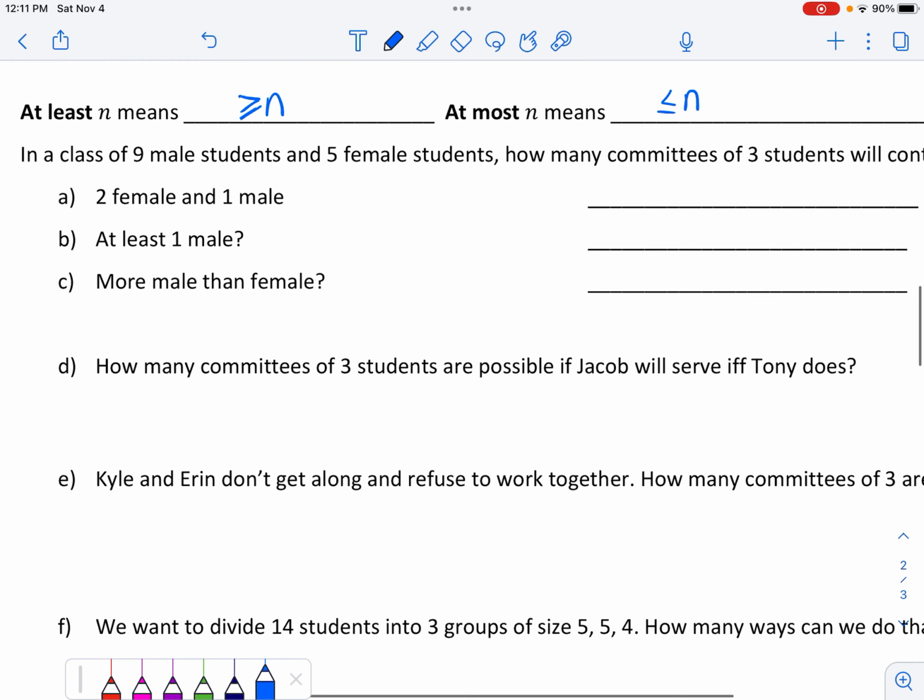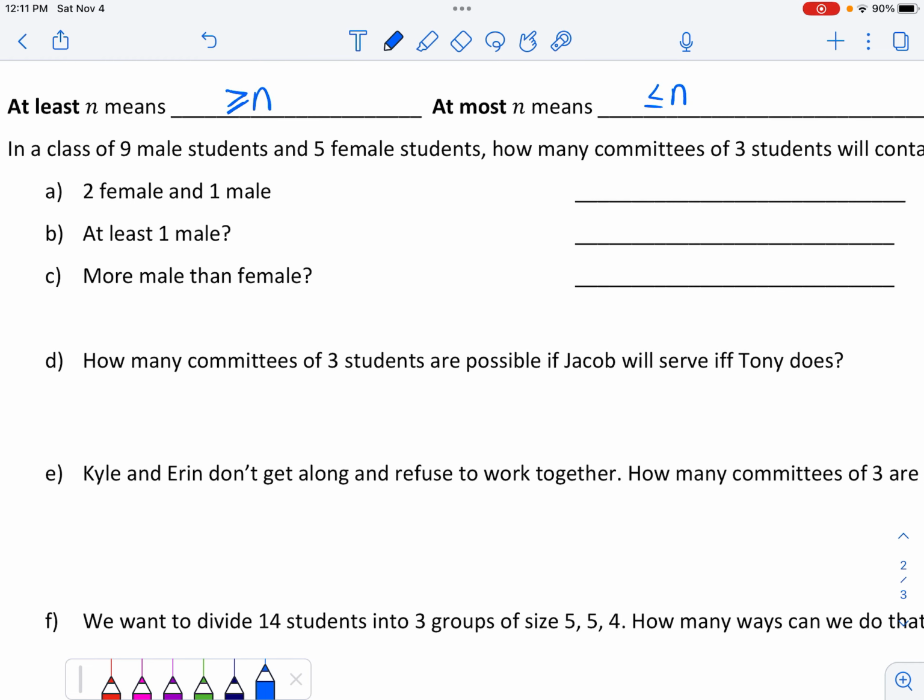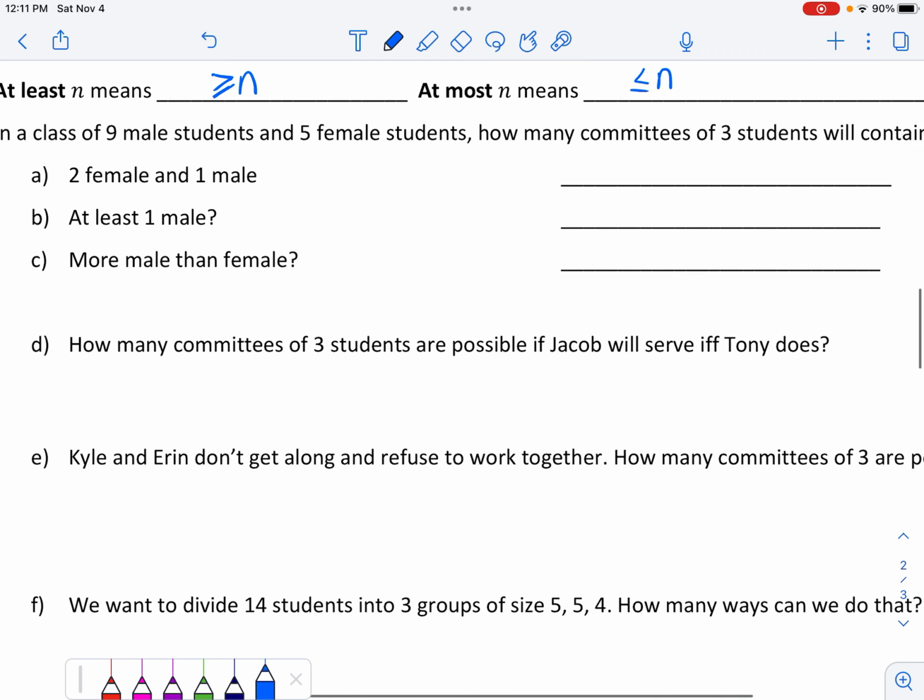Now, without really writing that down, let's just talk about the steps. Step number 1, I want to choose 2 female, and 2 female is going to be chosen from 5 female, right? So step 1 is to choose 2 female from 5 female students. Step 2, we'll have to choose 1 male from 9 male students.